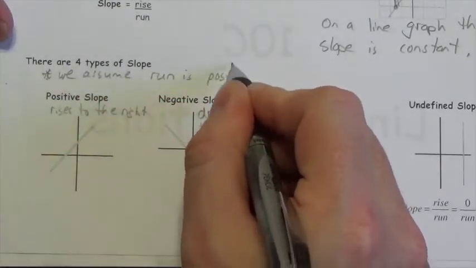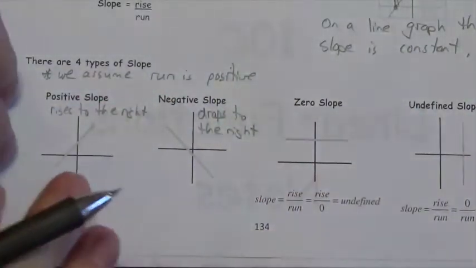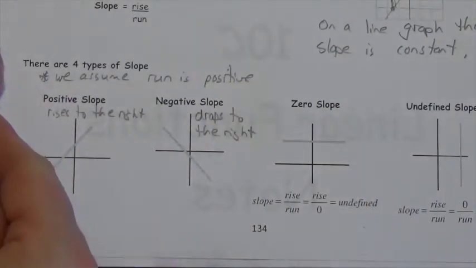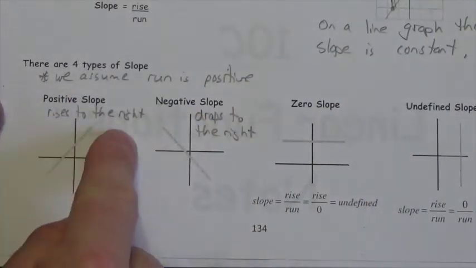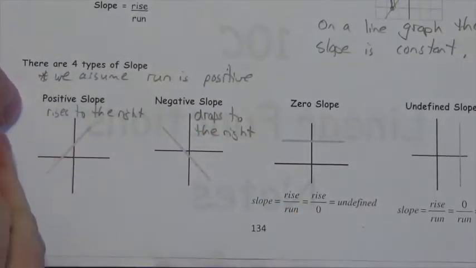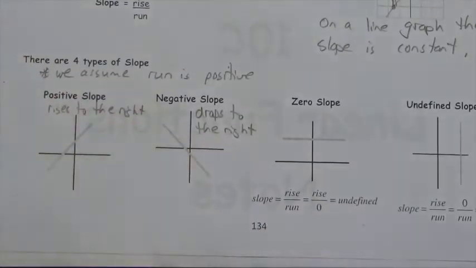We're going to assume the run is always positive when we scan these things, because we read them left to right. So when I say it rises to the right or drops to the right, the rise is positive, it goes up as we read this left to right.